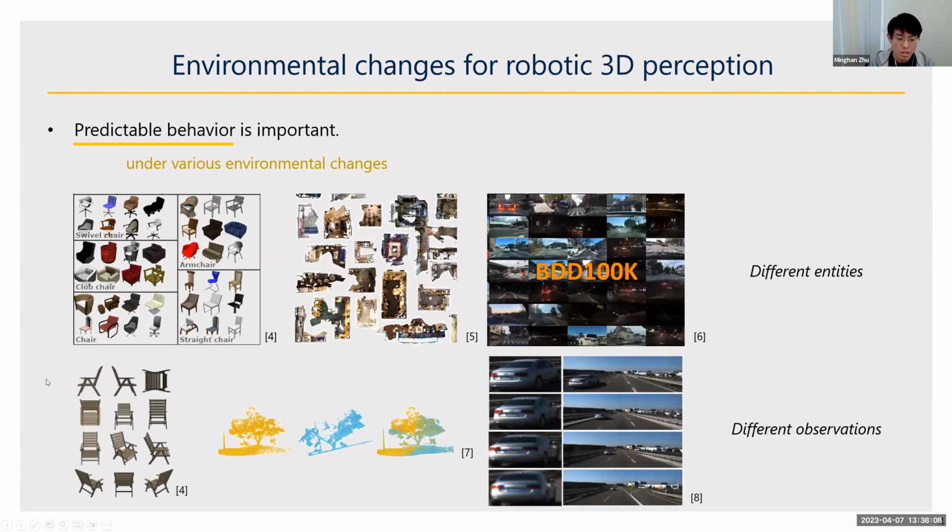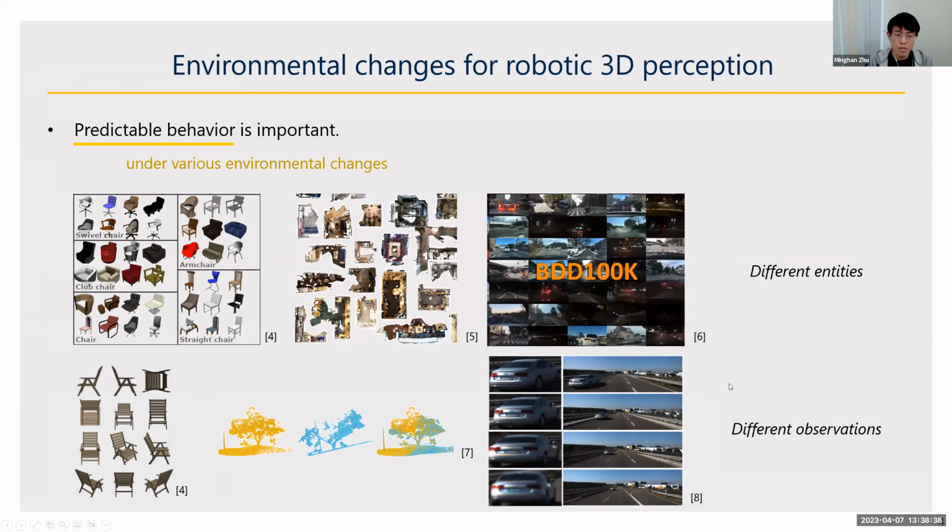For example, if you view a chair from different points of view, the appearance can vary drastically. And the second figure is a tree. You view it from different poses, and the appearance can change a lot. Similarly, for autonomous driving applications, the vehicle's appearance can change. Although it is the same vehicle, when it's at a different distance from you, the appearance can change a lot.